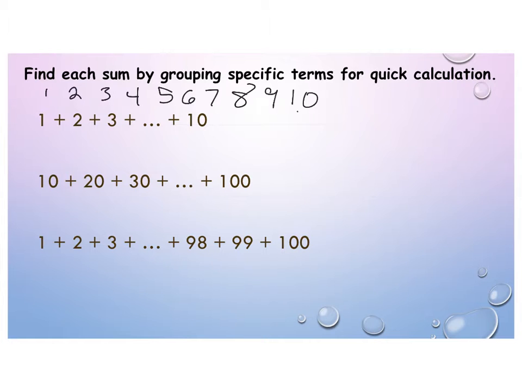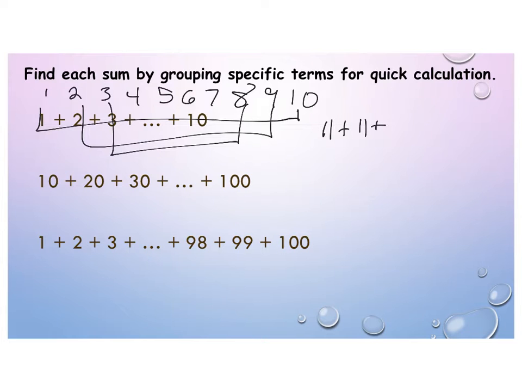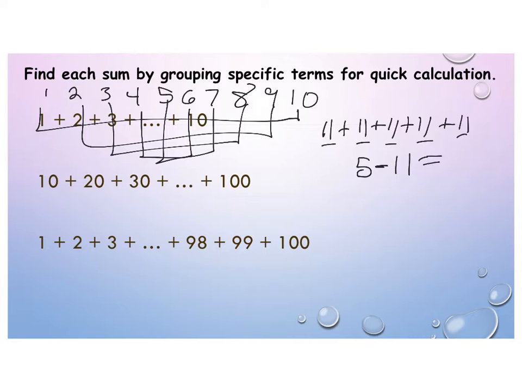Well, we have 10 plus 1, which is 11, plus 9 plus 2 is 11, 8 plus 3 is 11, 7 plus 4 is 11, 6 plus 5 is 11. So I have 1, 2, 3, 4, 5 11s. And I had 10 terms, so now I only have 5 11s, so it's going to be 55. That's actually times. All right, we're going to do the same basic idea here.